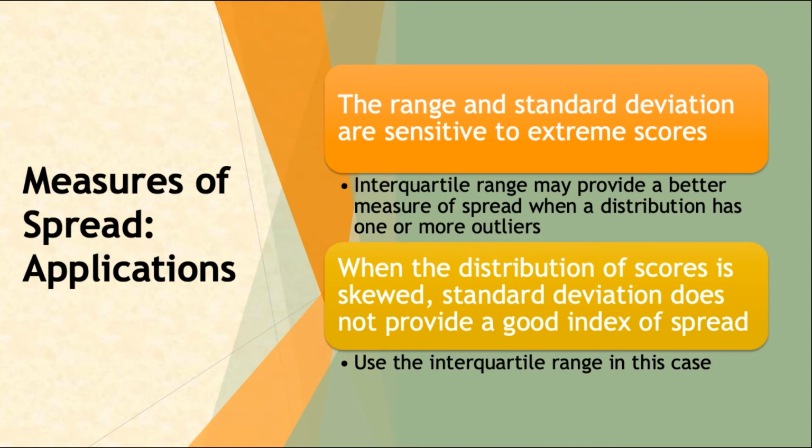Consequently, with a skewed distribution, the standard deviation does not provide a representative measure of the spread. If your distribution is seriously skewed, use the interquartile range instead. Like the median, the interquartile range is resistant to the effect of skew and outliers.